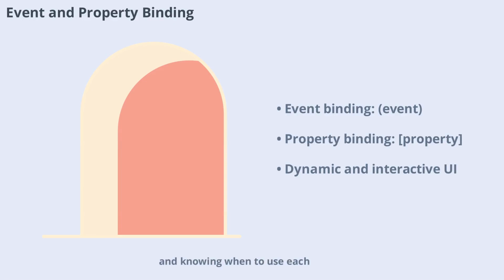Understanding the difference between these two binding types and knowing when to use each is crucial for building interactive Angular apps. Interviewers may test your knowledge of binding syntax and its practical application.